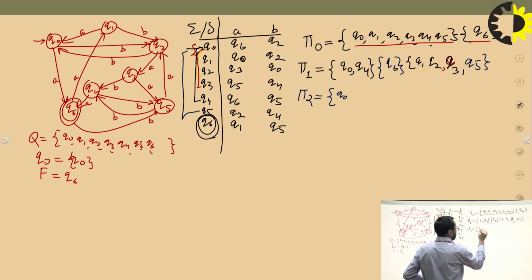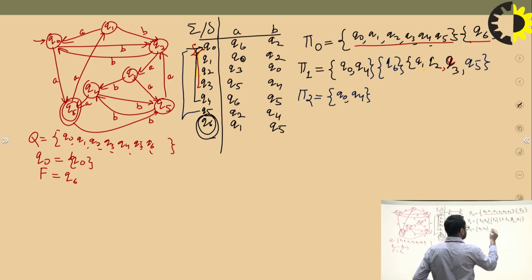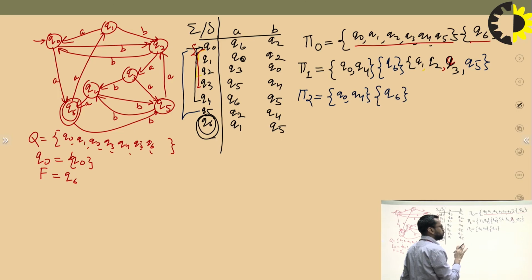We write down directly using the steps that I mentioned. Actually, Q6 is a single state, so we will not do this for Q6 because it is a single state.